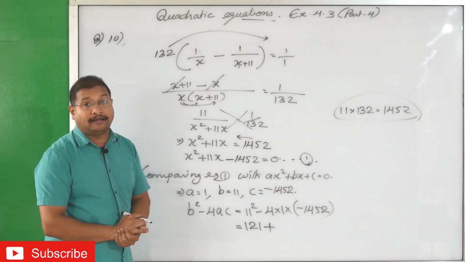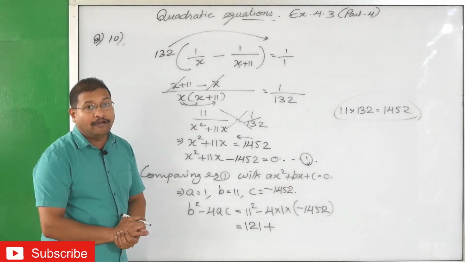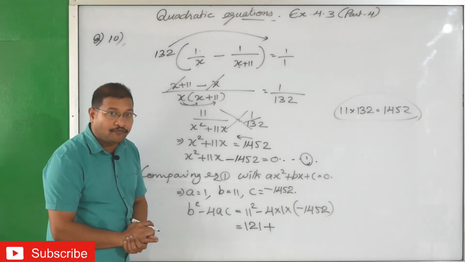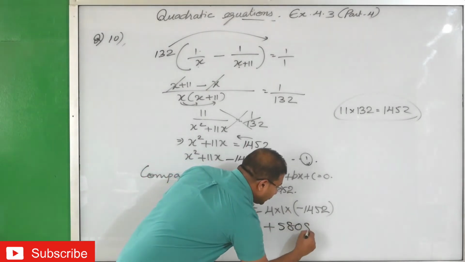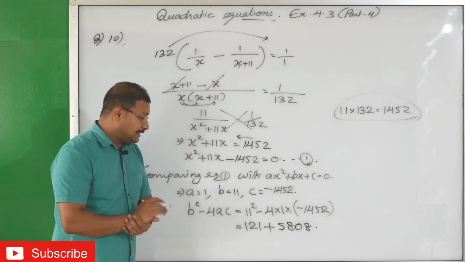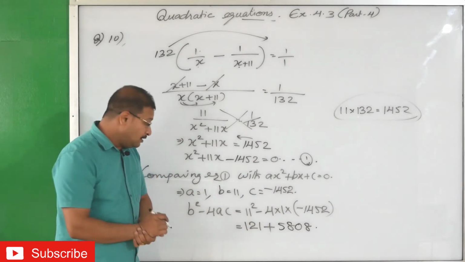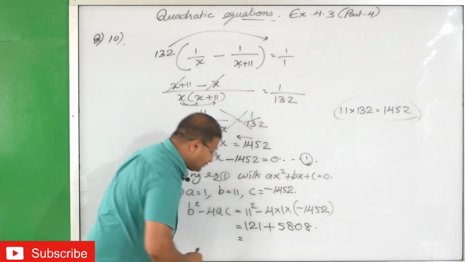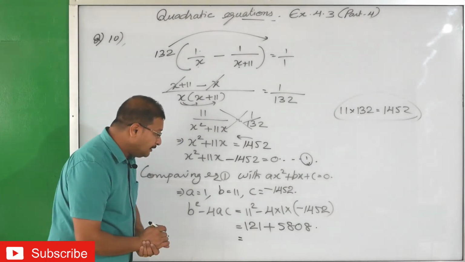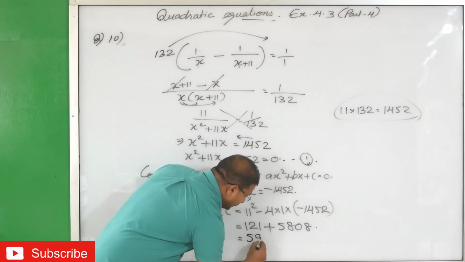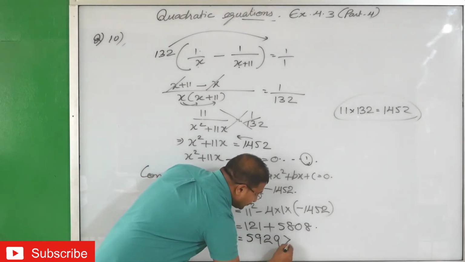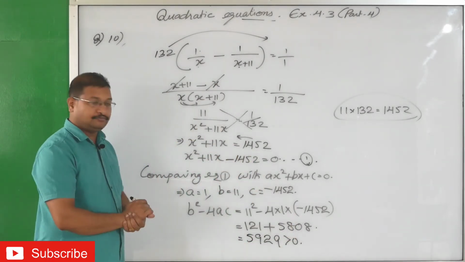You need to multiply. How much you will get? That is 5808. Please multiply and check it if you have doubt. Now what you will get? 5929.